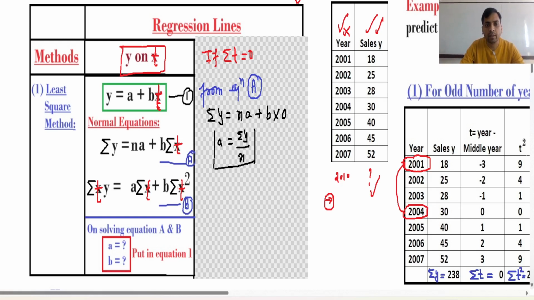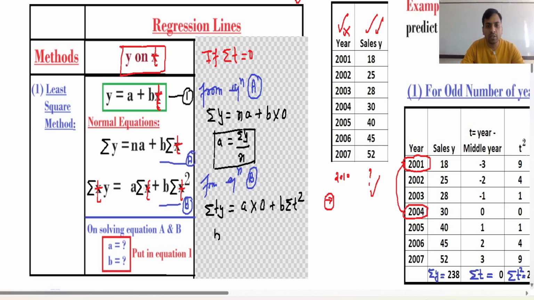Next, now we will put summation t equals 0 in equation B. So from equation B, you will see summation ty equals a into 0, because summation t is 0, plus b summation t square.